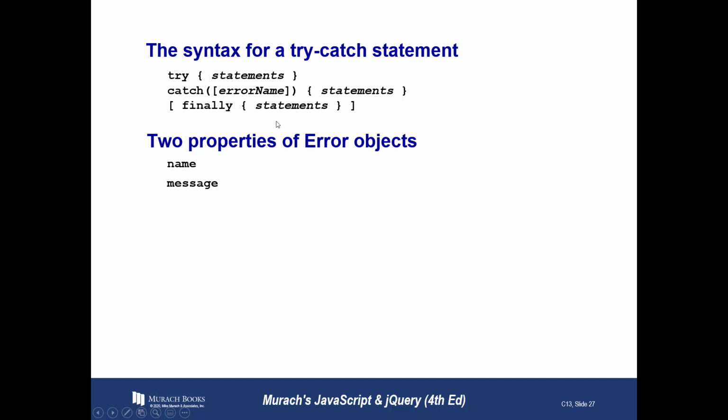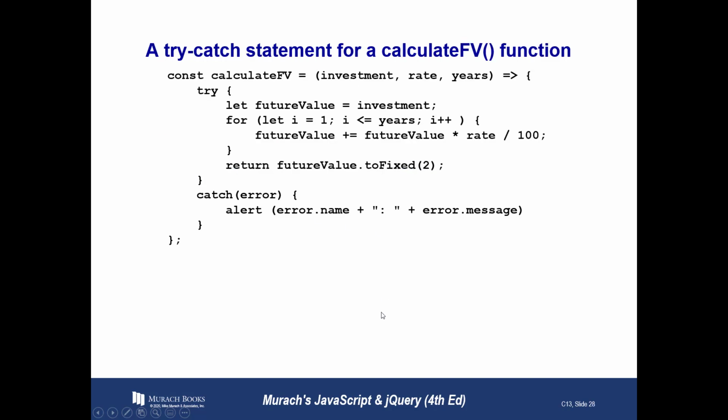When you've got errors, errors have names and errors have messages associated with them. So notice what we've got here. This is that calculate future value program that we had earlier. Basically, this says if I've got anything bad in here, I'm just going to give you what the error was and what the message was.